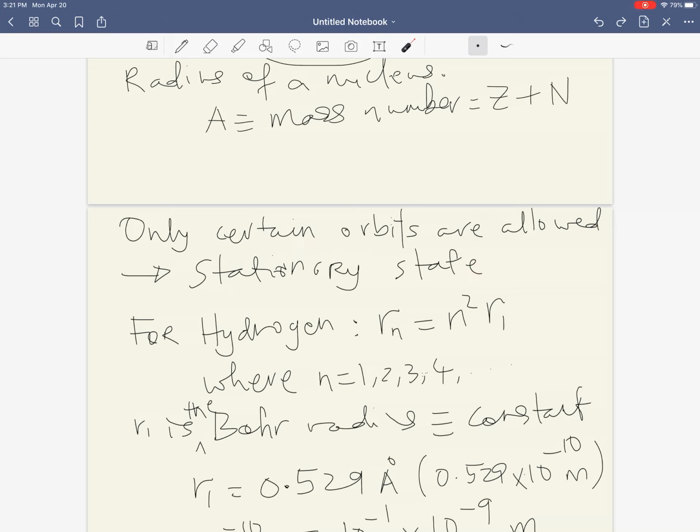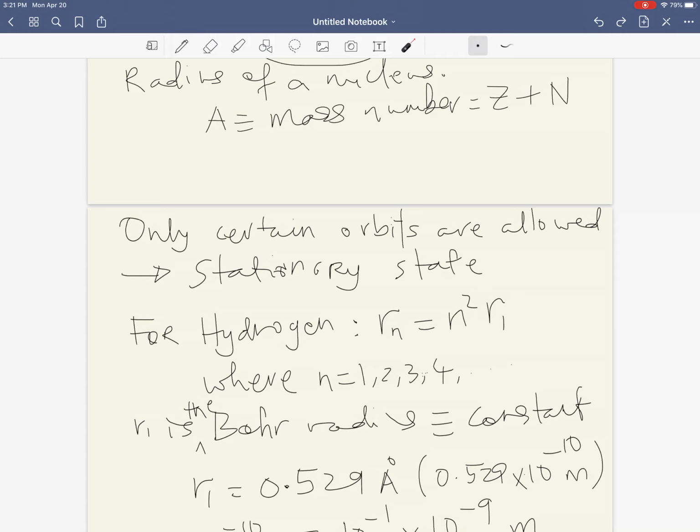Stationary state here meaning that the energy of the electron is unchanging. So the word stationary here is a mathematical word to say that a certain physical quantity is unchanging. In this case, the energy of the electron is unchanging. The electron cannot radiate any energy.